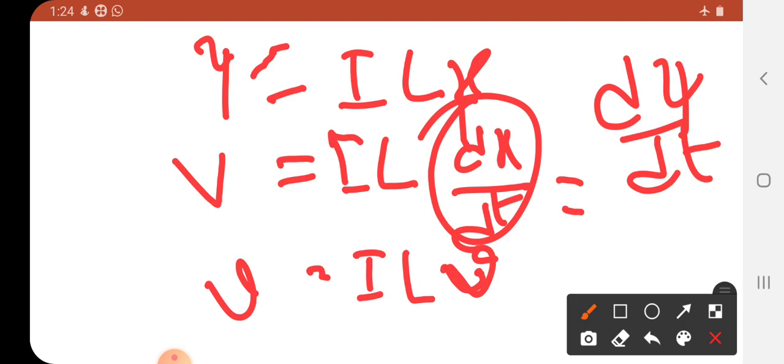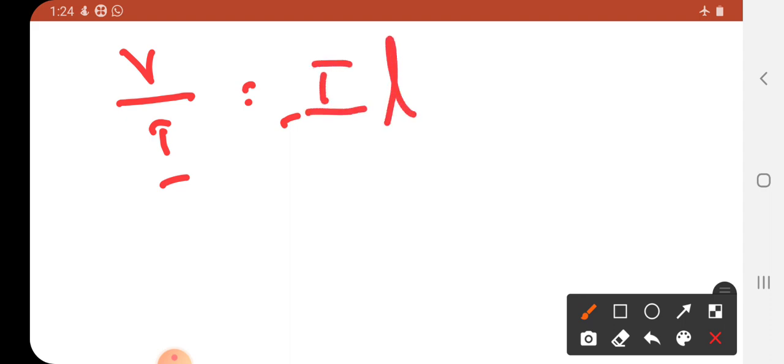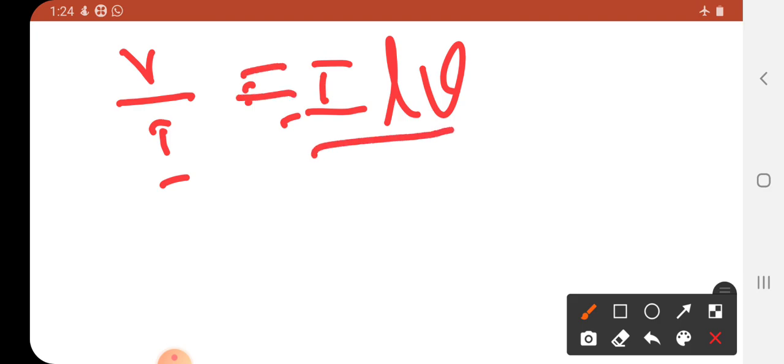Now let us divide this equation by the previous one, that is V by I. What is V? V is equal to ILv. Now what is I? I is equal to VCv.